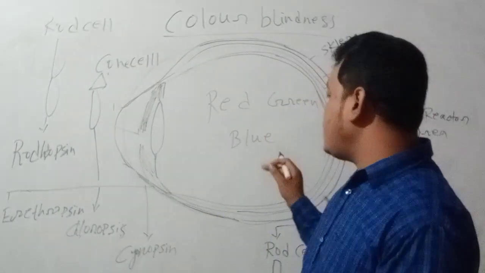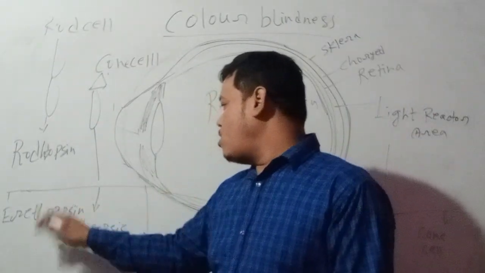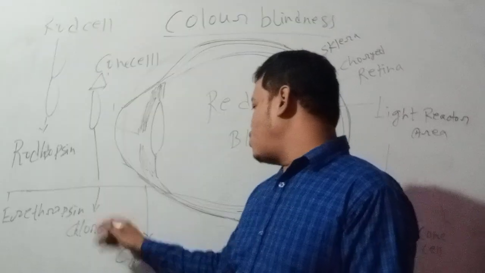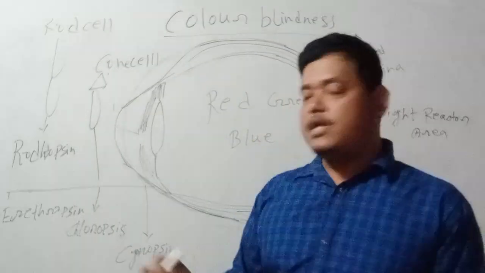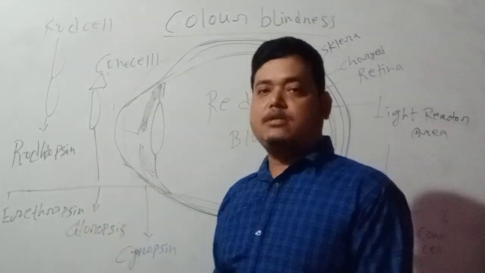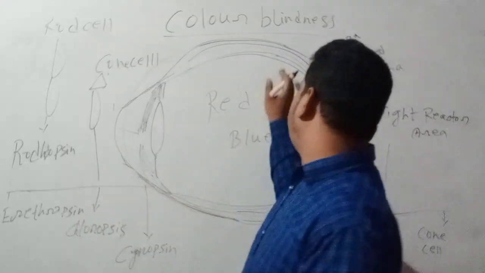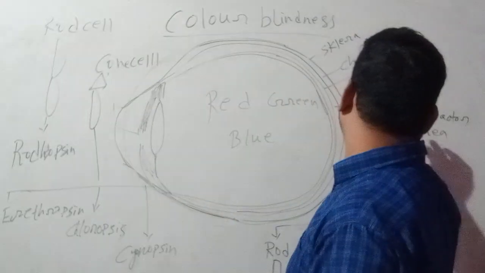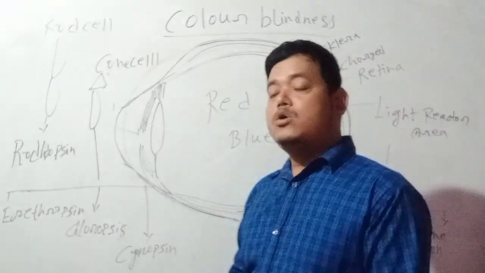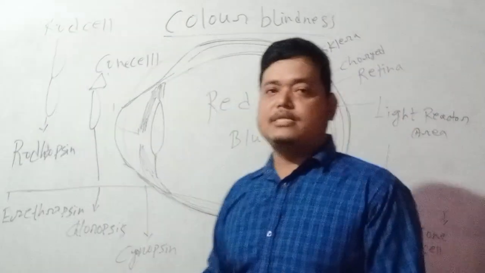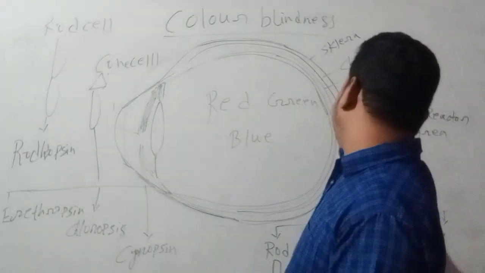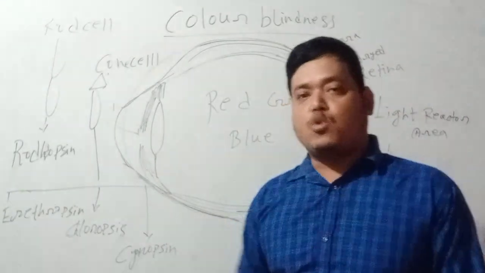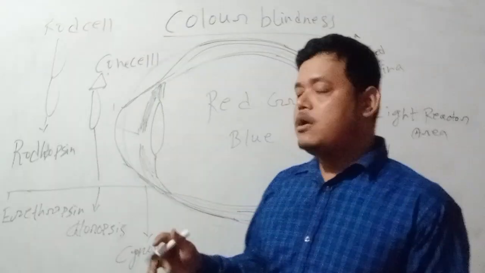But if any of the proteins, erythropsin, chloropsin or cyanopsin, is absent in a human's retina, then that color cannot be captured by the light reactor area, and the problem happens. These proteins are supplied by the X chromosome, so it is X-linked.